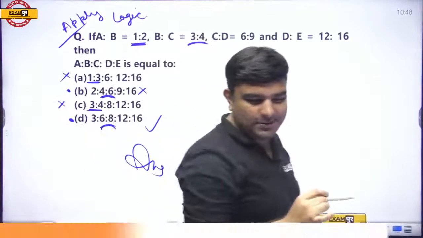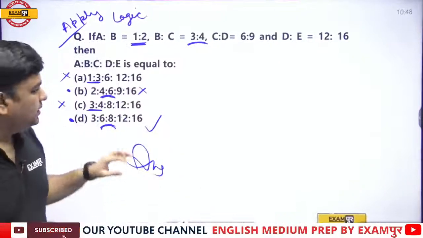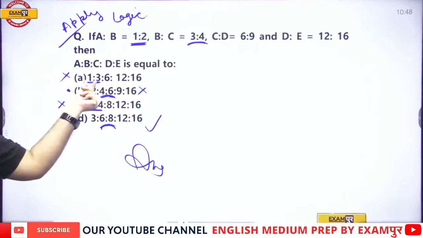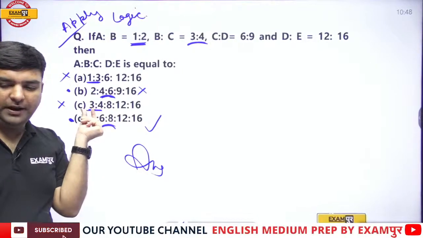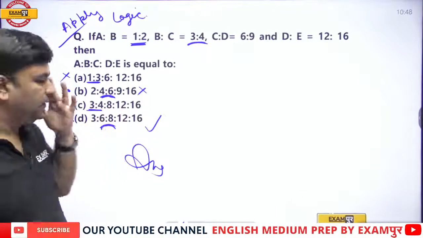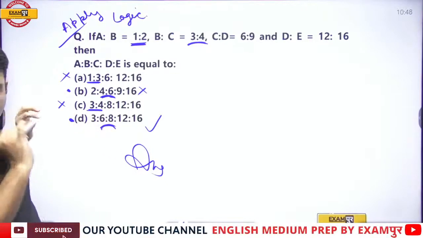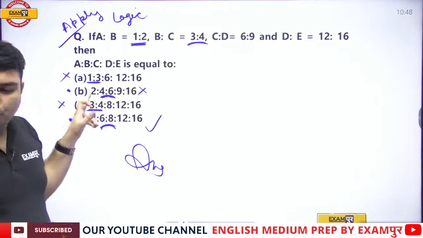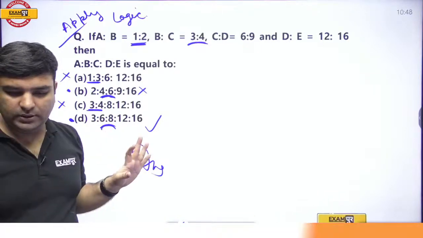Look at the things, guys. 1:2 is not maintained in A, so gone. 1:2 is not maintained in C, so gone. Two options were gone initially from A ratio B. 1:2 is maintained in B and in D as well.